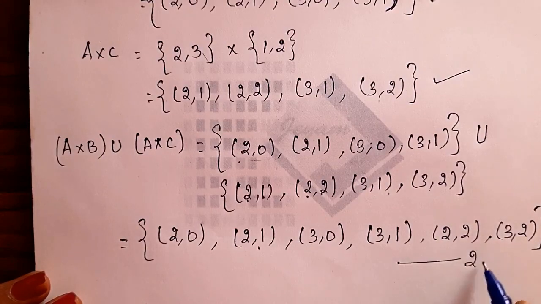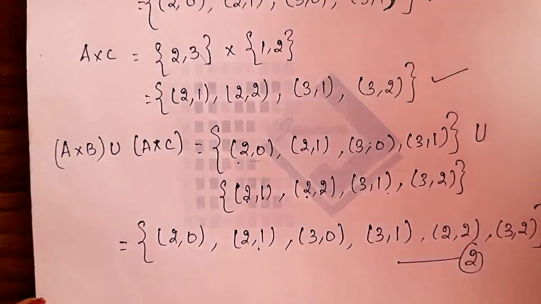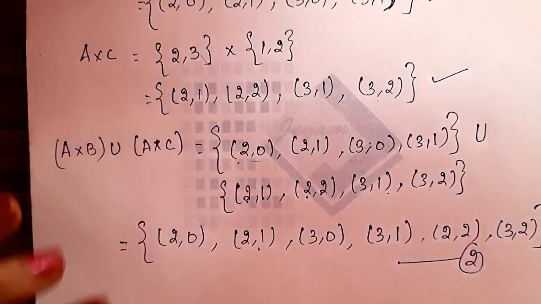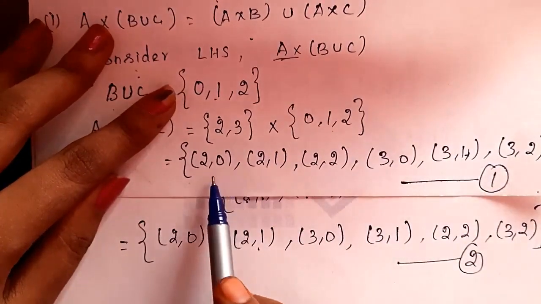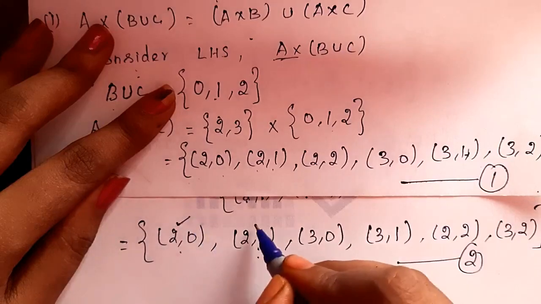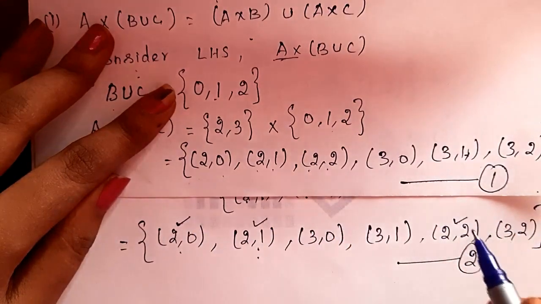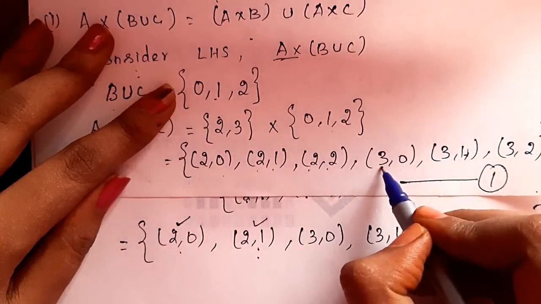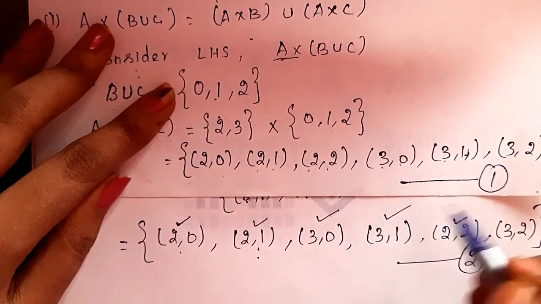So take this as equation number 2. Now we can compare equation number 1 and 2, whether both are same or not. Look, in equation number 1, (2,0) is here, (2,1) is here, then (2,2) is here, (3,0), then (3,1), (3,2).